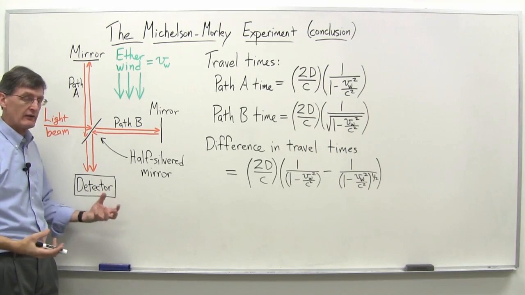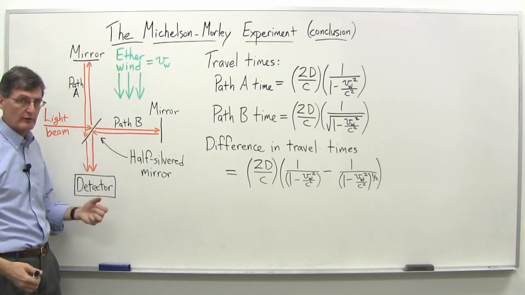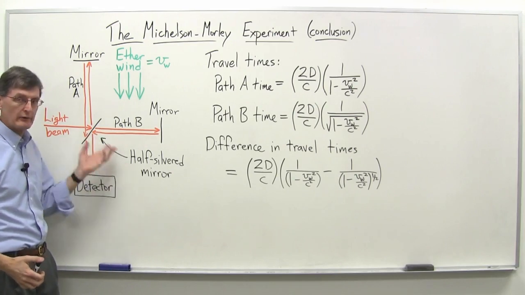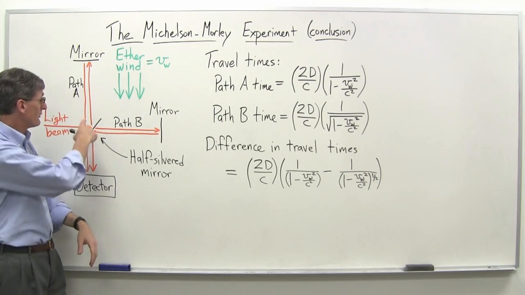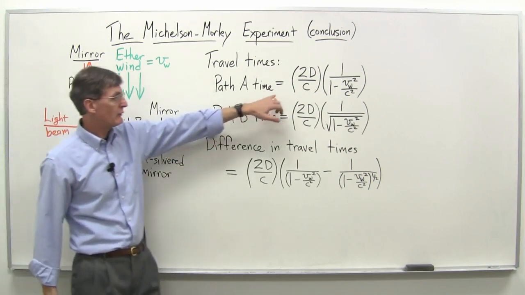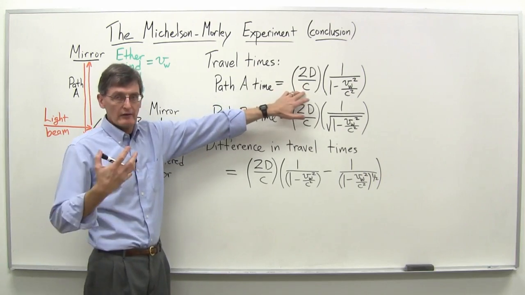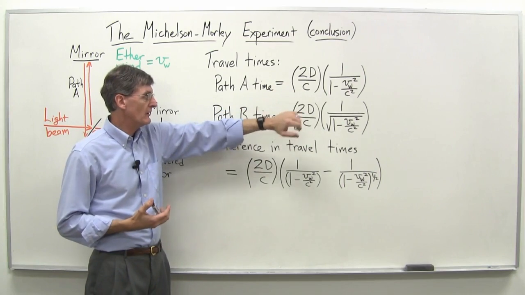Other than that, the analysis is exactly the same as how we did it with our airplane example with the tailwind, headwind, and then the crosswind. So the path A time, the tailwind, headwind example, remember it was 2d over v sub plane, but here the light is taking the place of the plane.